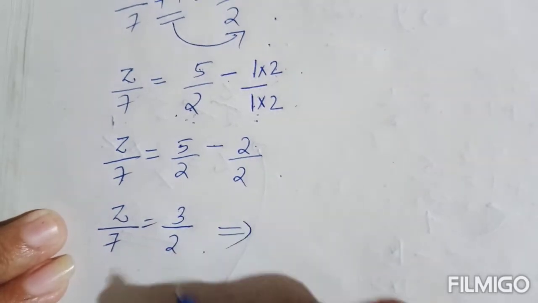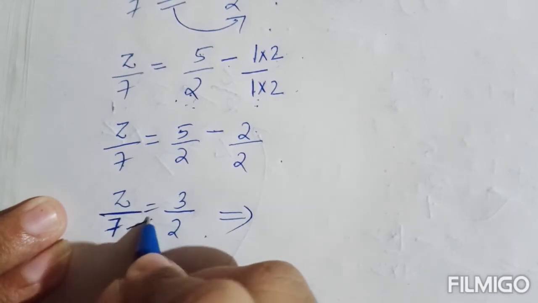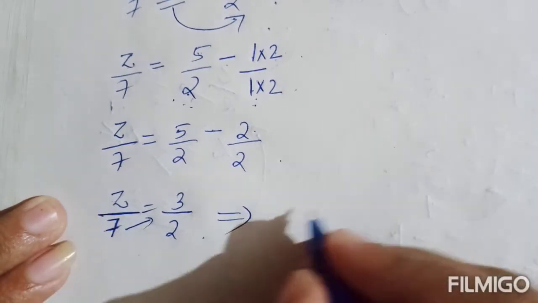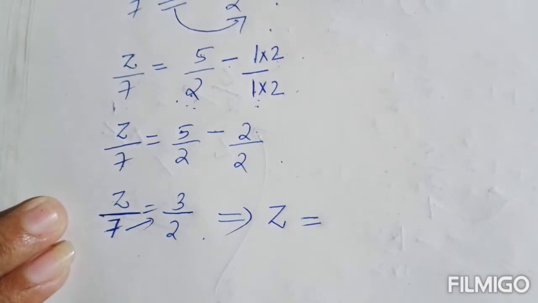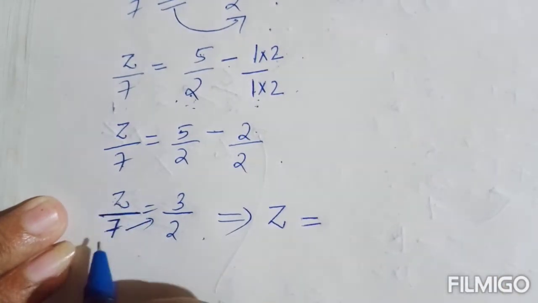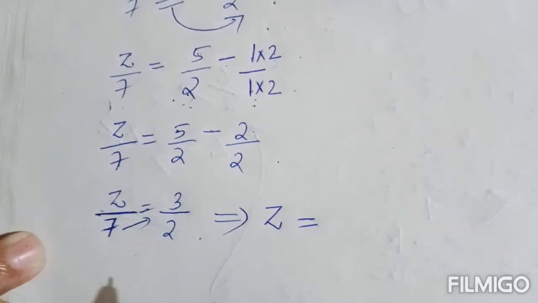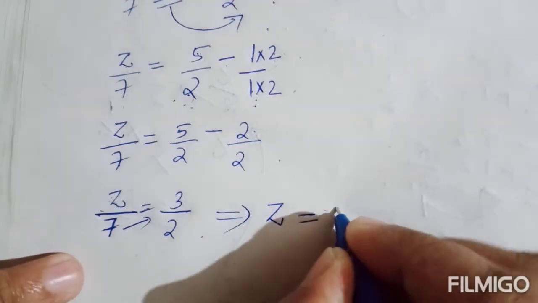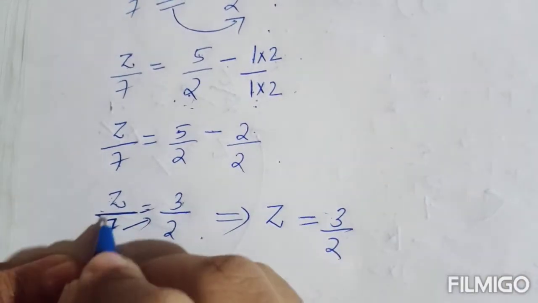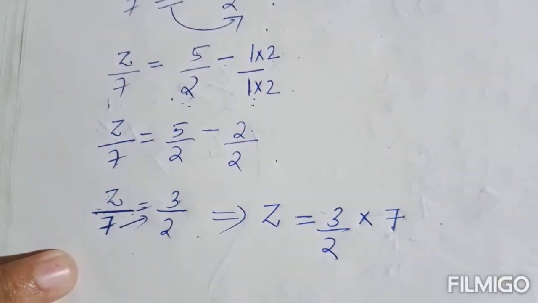Okay, next we are transferring this divided by 7 to the other side, so that this variable is alone on the left side. Division by 7 on taking to the other side will be multiplication by 7. So z equal to 3 by 2; this we are taking to the other side, so that will be multiplied by 7.